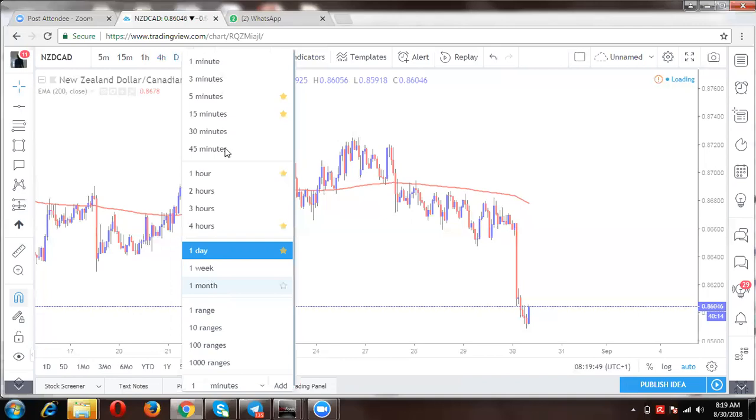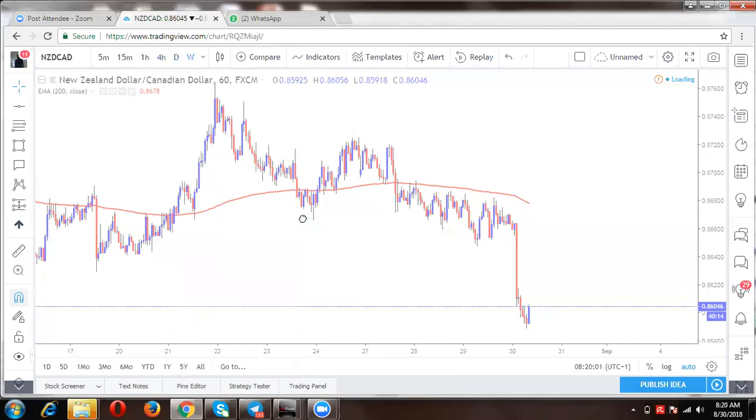So weekly. Now you can see a simple way you can confirm your trade. Go to the weekly, mark out your key levels, your resistance, and your support.